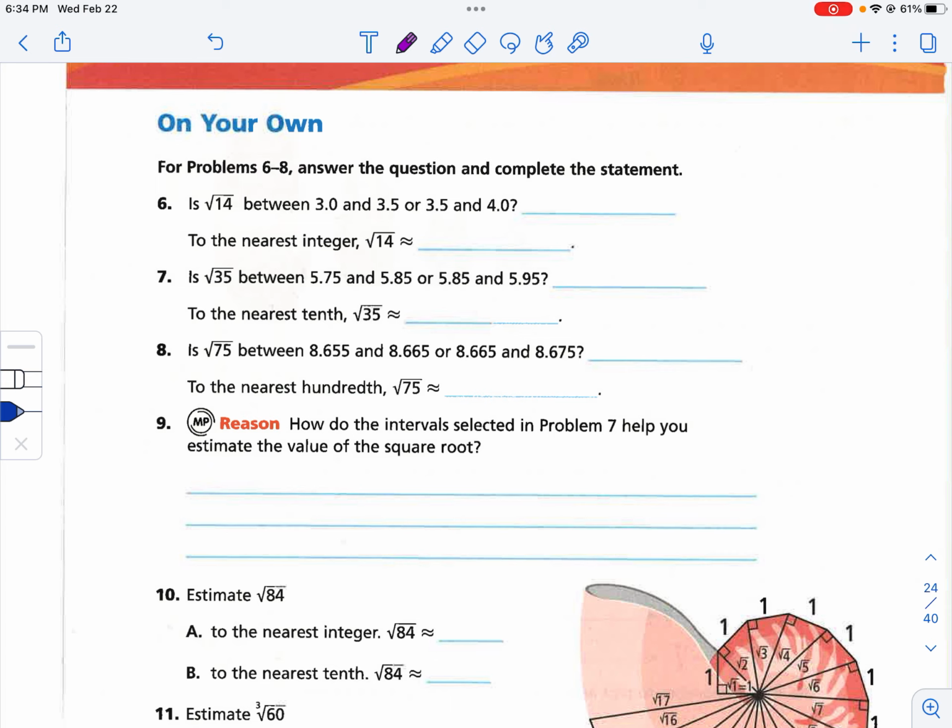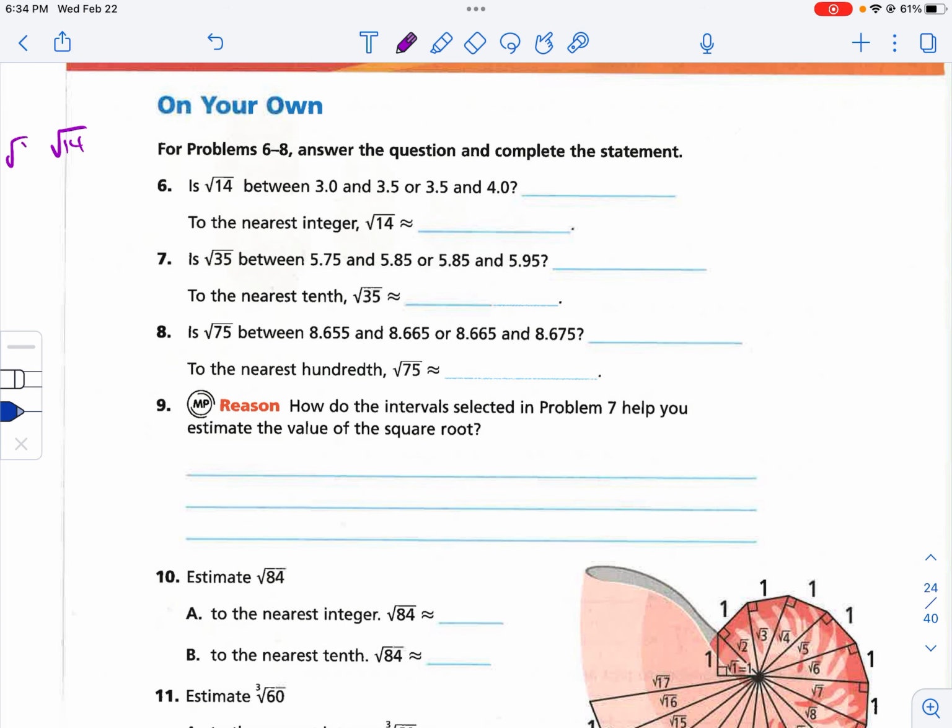So this one is the square root of 14, between 3 and 3.5. Okay, so the square root of 14 is between the square root of 9 and the square root of 16. It is close. These two are closer to each other, so it's going to be on this one.